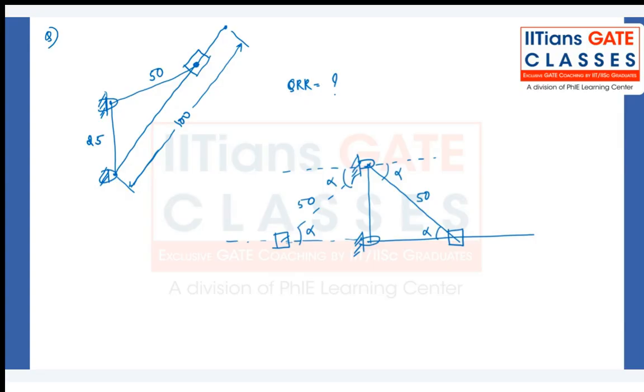Now you can calculate the alpha angle. The formula for quick return ratio is (180 plus 2 alpha) divided by (180 minus 2 alpha). Now the question is how to calculate this alpha. You already know this is 25. So alpha is sine inverse of perpendicular divided by hypotenuse, sine inverse of 1 by 2, which is 30 degrees.